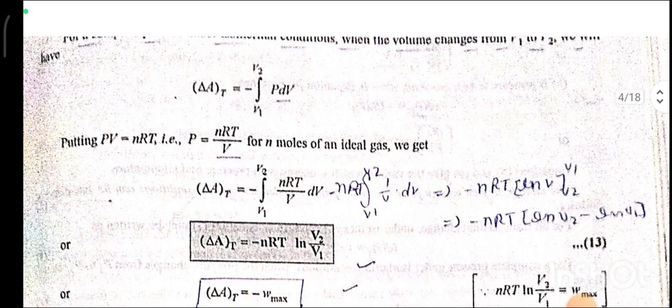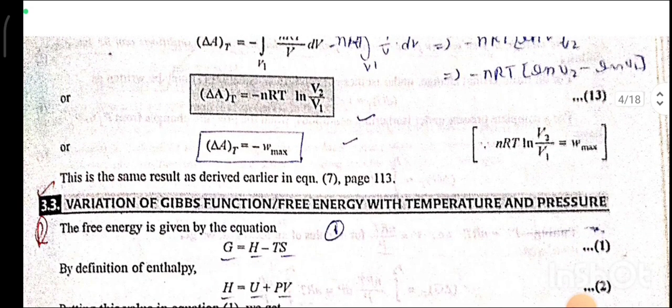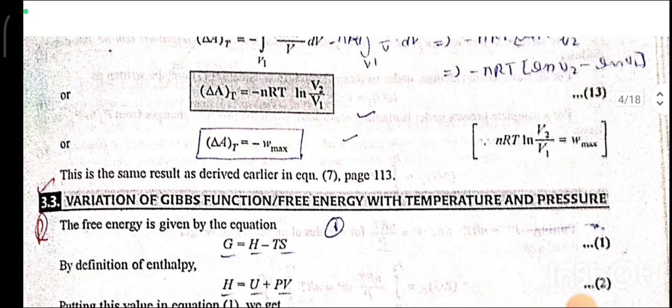Putting PV is equal to nRT, that is P is equal to nRT upon V, for n moles of an ideal gas, we get delta A at constant T is equal to minus integration from V1 to V2 of nRT upon V dV. Delta A at constant T is equal to minus nRT ln V2 upon V1. Delta A at constant T is equal to minus W maximum.